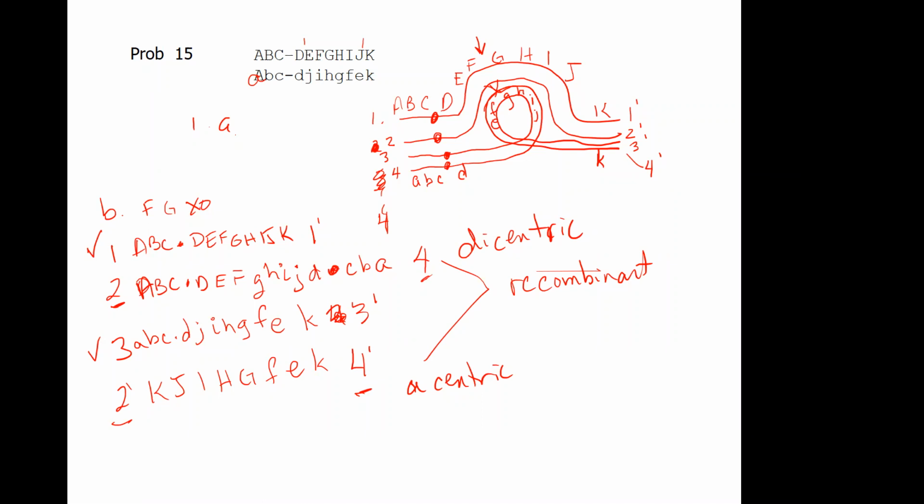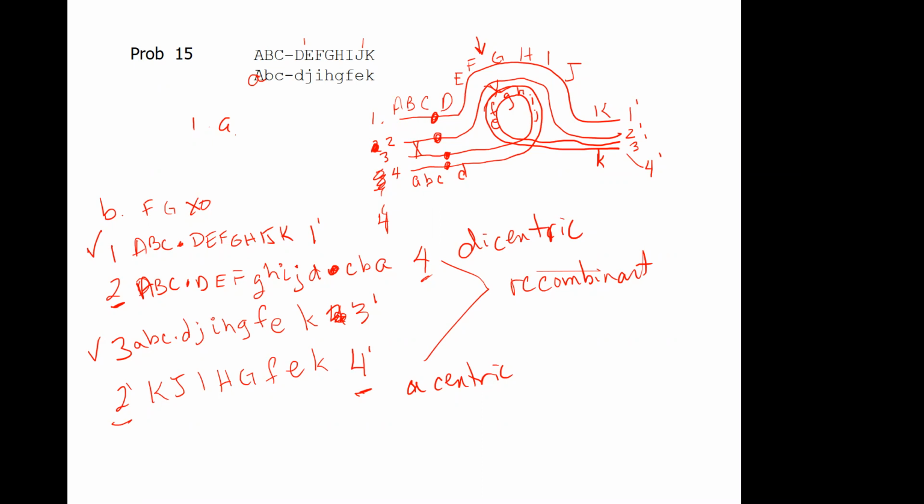The other part of the question said, what happens if the crossover happens between A and B? Well, that means it has to happen right here, right at the beginning of the chromosome. And if that happens, you'll create recombinant chromosomes that are just fine, okay?